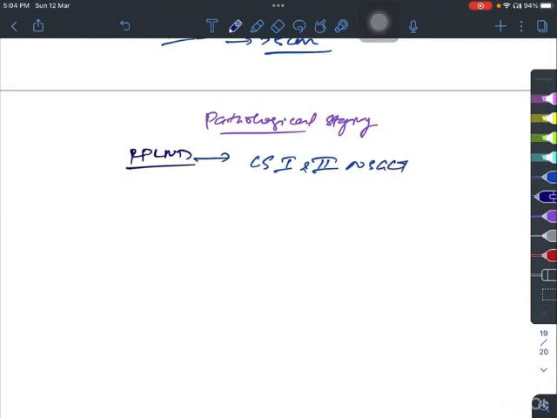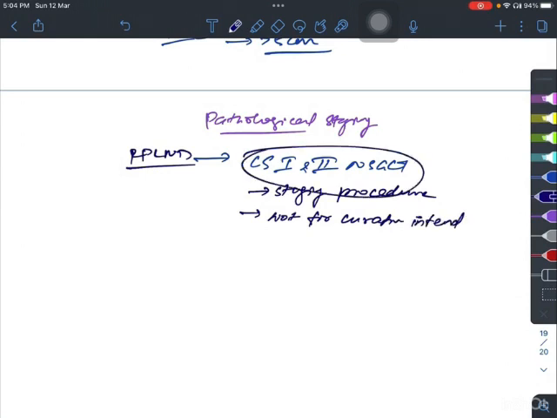It's only done as a staging procedure, not for curative intent. For these stages, the RPLND is done only to determine the need for chemotherapy.